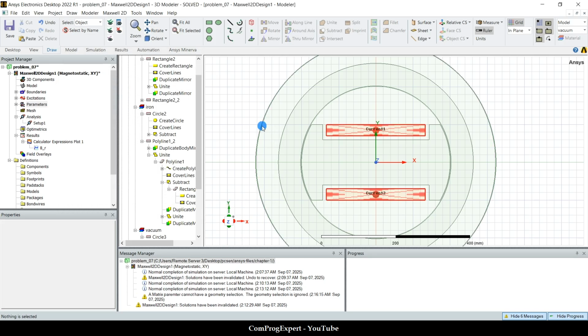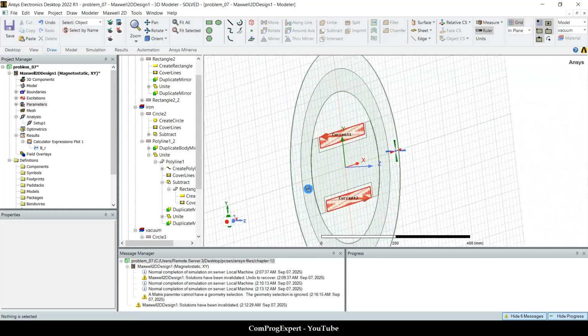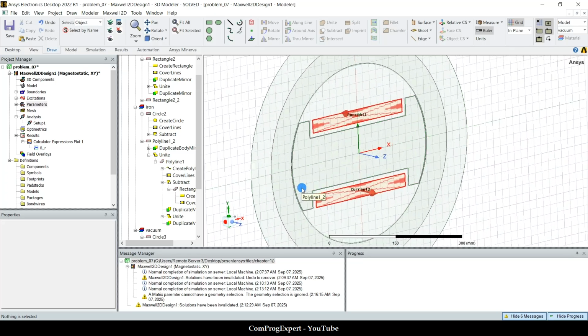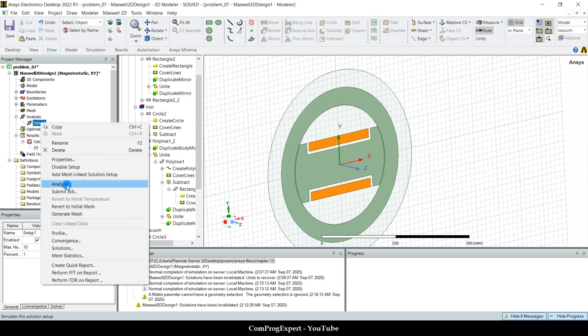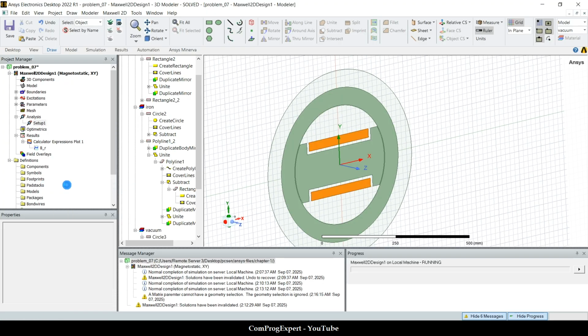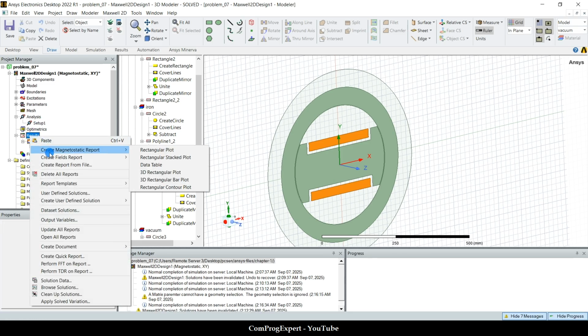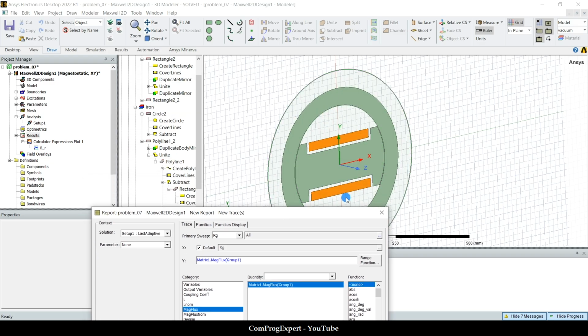Okay, so you can see this matrix that we defined. This is our coil. We are going to calculate the flux linkage for it. So here, if I repeat this analysis setup, I can draw this from the create magnetostatic report data table, mag flux. This is the flux linkage to this coil.